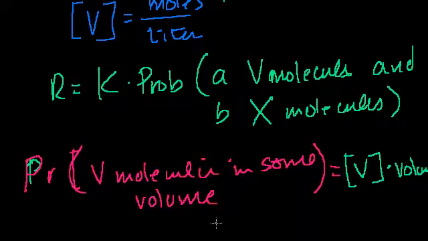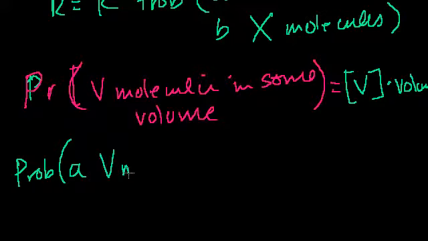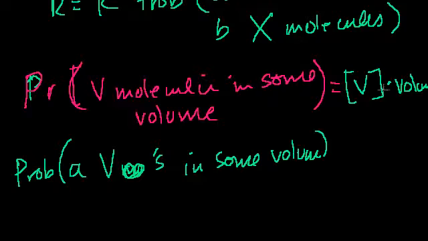And if we want the probability of A, where A is a number, it could be 5 V molecules, or let me just write A V's in some volume. It's the probability of finding this A times.